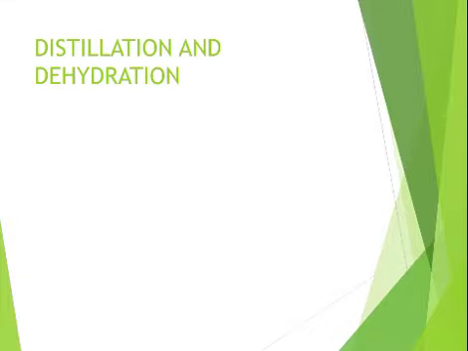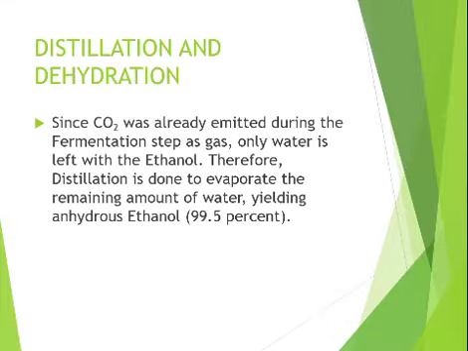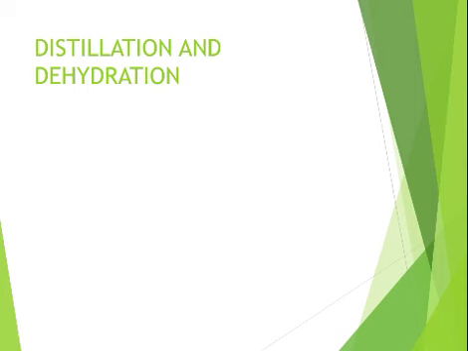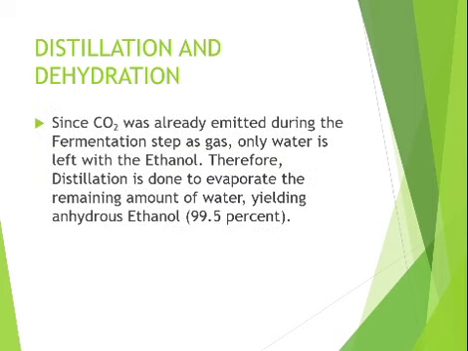After fermentation is distillation and dehydration. Since carbon dioxide was already emitted during the fermentation step as a gas, only water is left with ethanol. Therefore, distillation is done to evaporate the remaining amount of water, yielding anhydrous ethanol. In some industries, the carbon dioxide is collected into a gas holder and later sold to the brewery industry for the production of soft drinks.